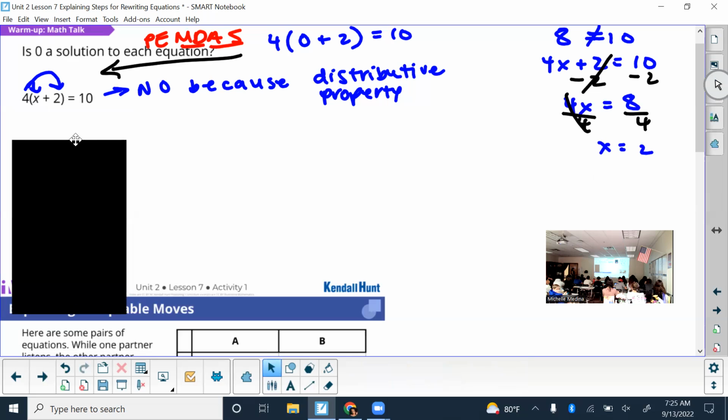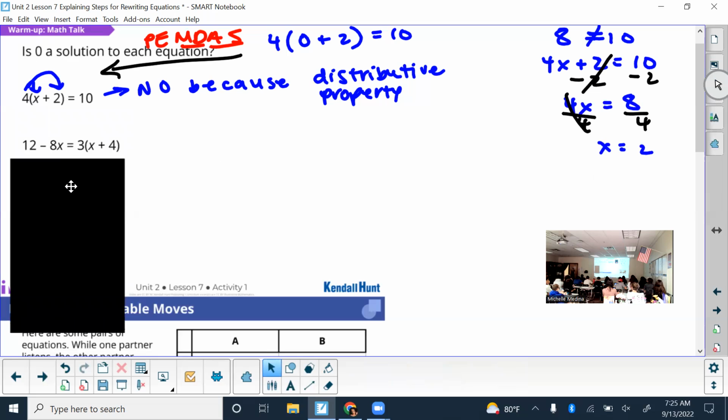Now this one again, don't call it out. Just put a thumb up when you have an answer. Is it a solution? Thumb up when you have an answer.